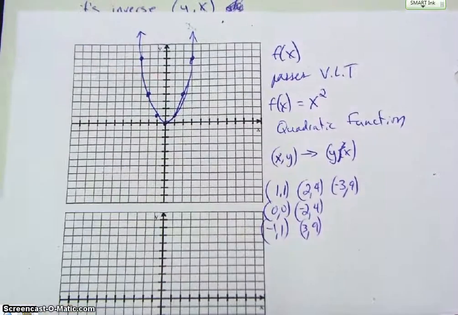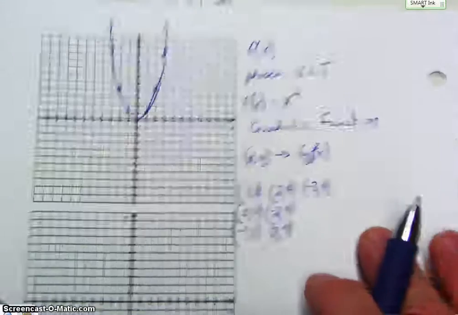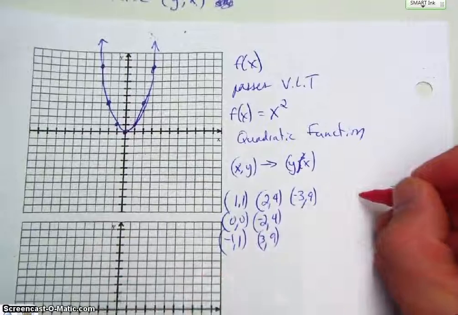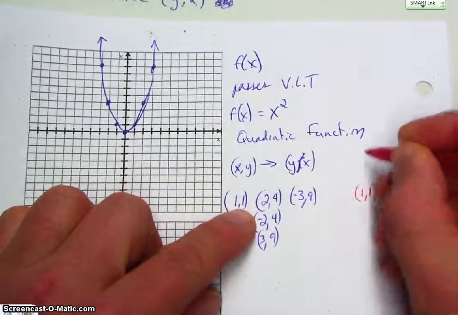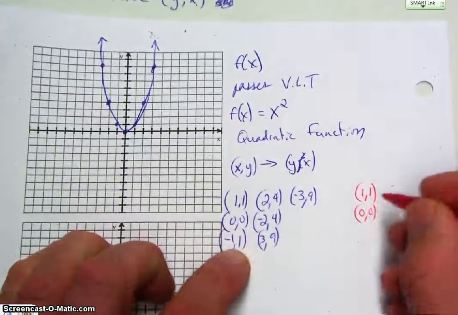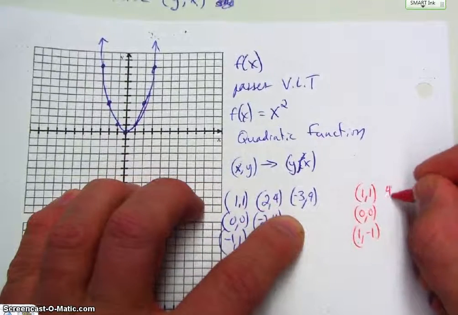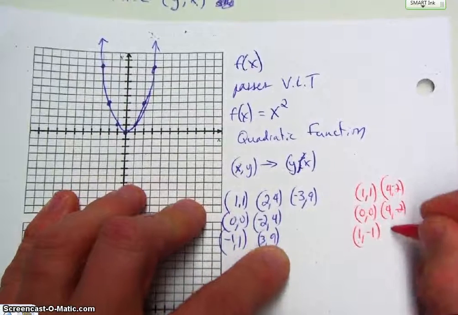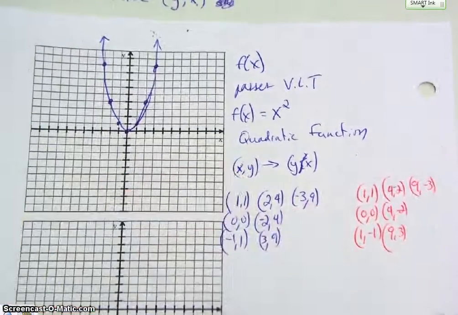All those points are on the function. If I want these points on the inverse, my points would now be: 1, 1, switched is 1, 1. 0, 0, flipped is still 0, 0. This becomes 1, negative 1. This becomes 4, 2. 4, negative 2. 9, 3, and 9, negative 3. So those are my new points.